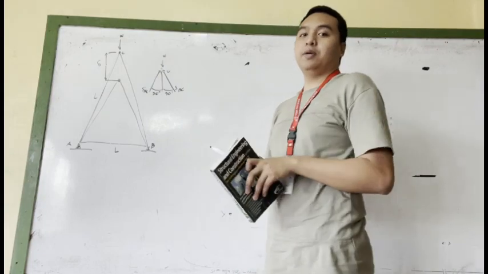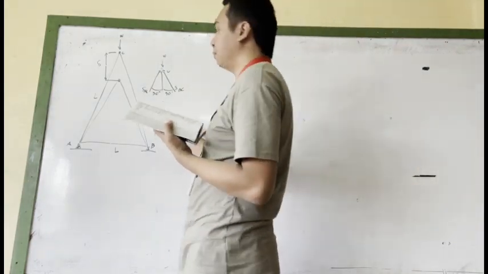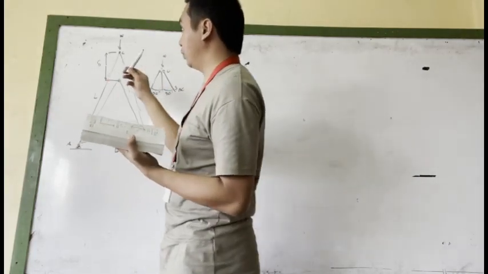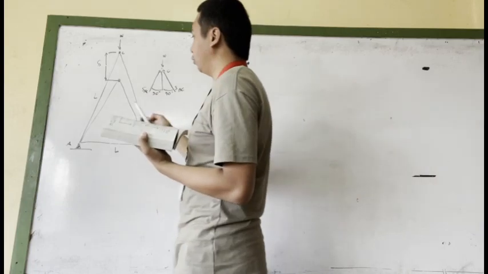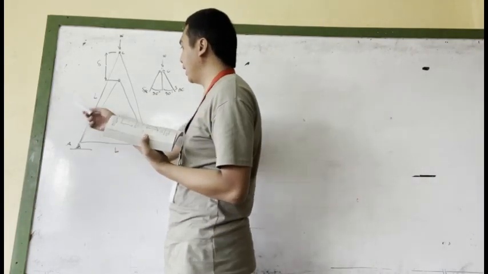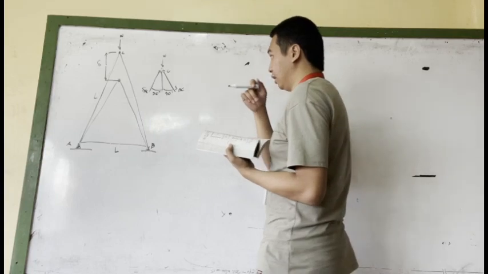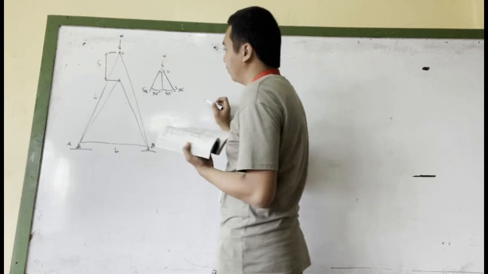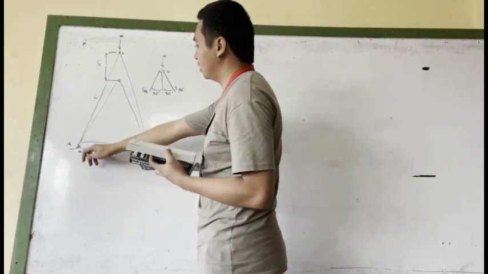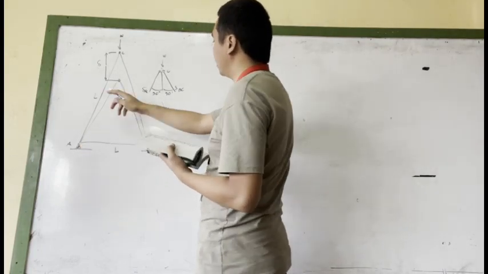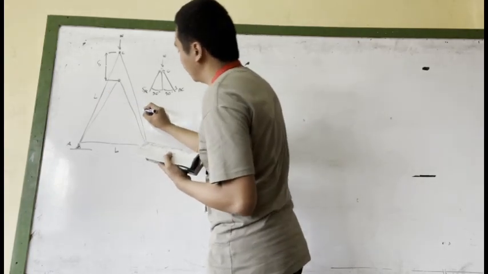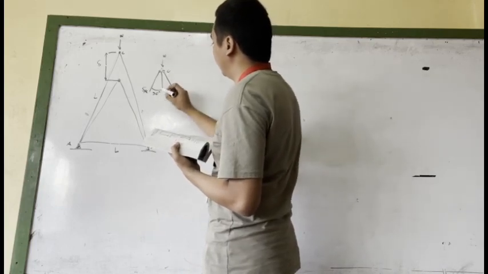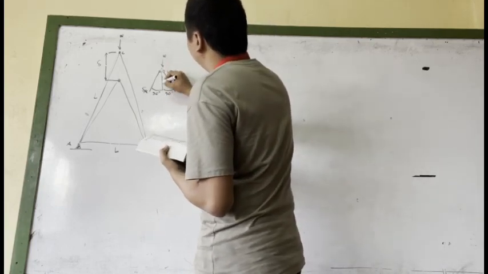So for the next problem, we have here the structural members from A to B, B to C, and A to C. It has an equivalent on each of its sides. In this kind of FBD, we have the stress from A to C and the stress from B to C, which is this one right here, and a 30-degree side at the center.